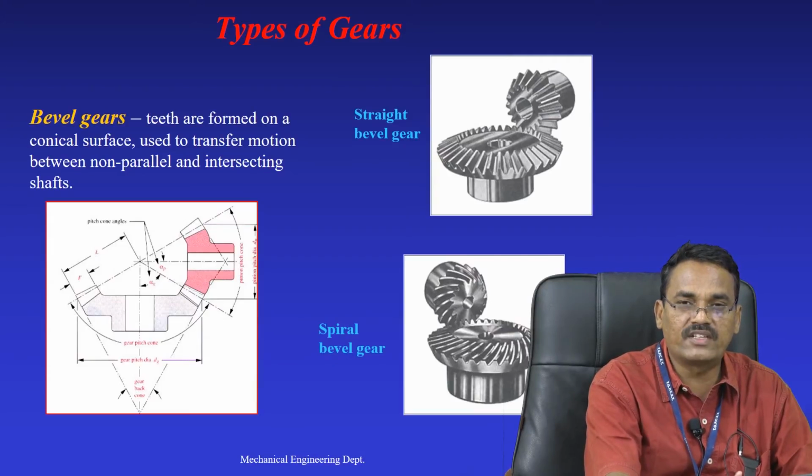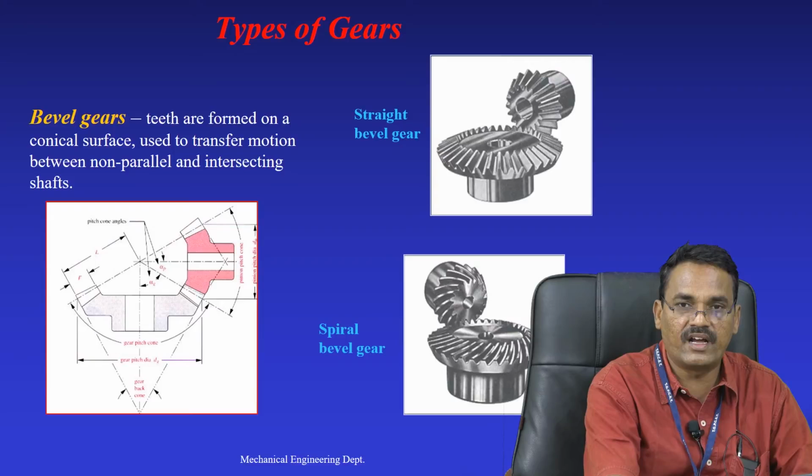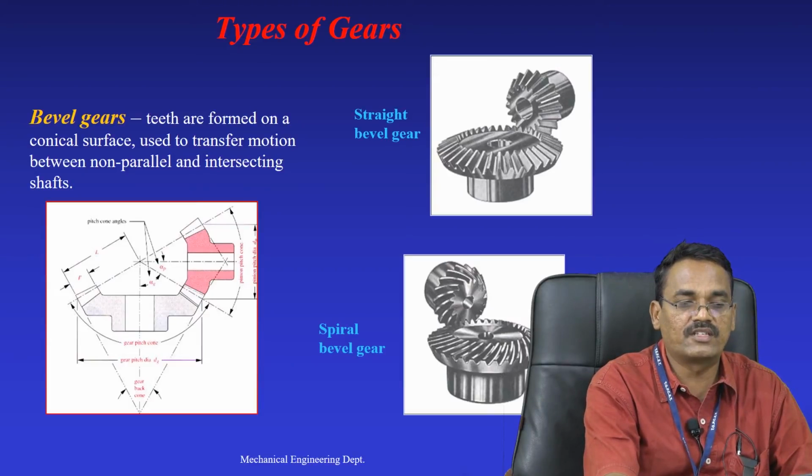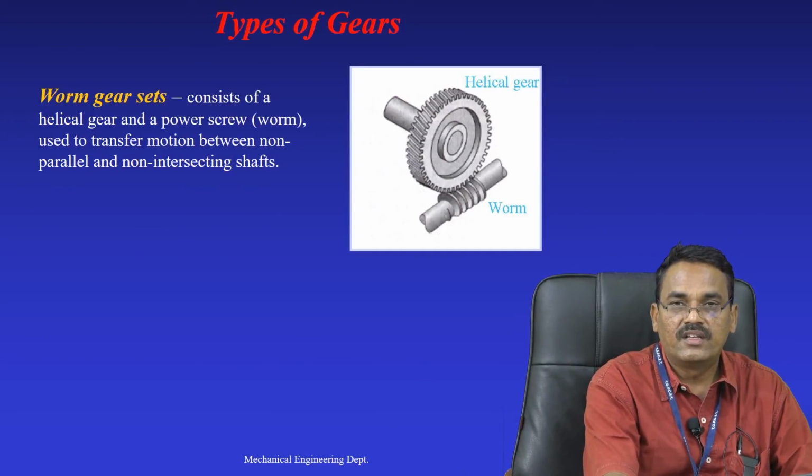In both cases, the axes of the shafts are not parallel to each other, they are intersecting. They may be perpendicular to each other, less than 90 degrees, or greater than 90 degrees.